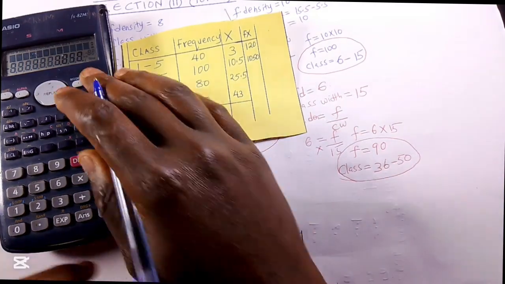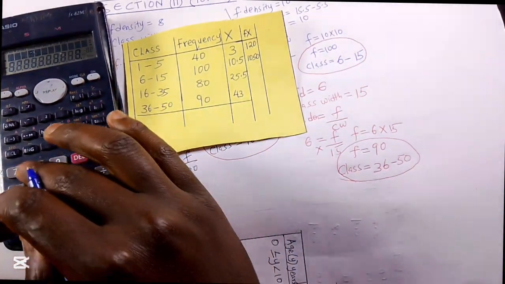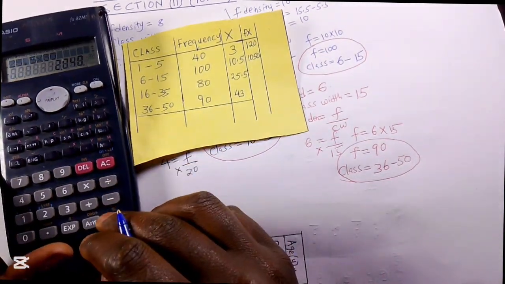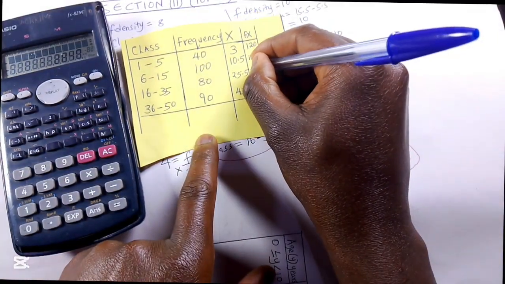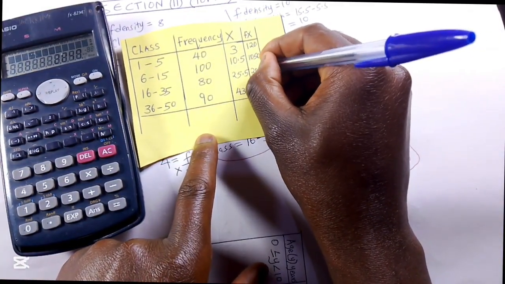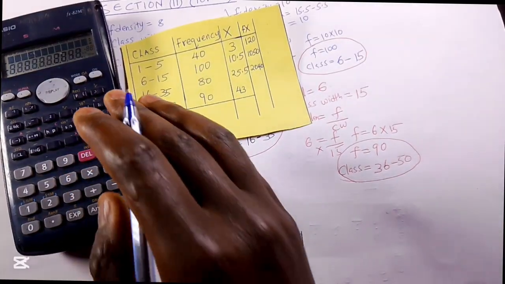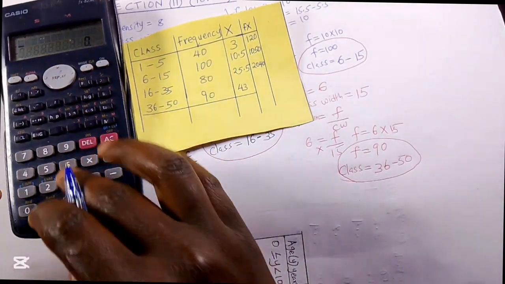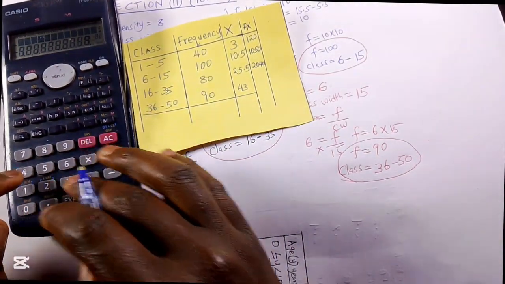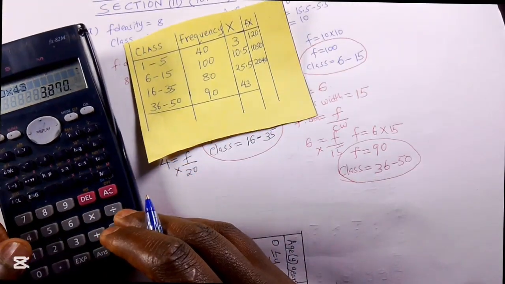Then we have 25.5 times 80, that is equal to 2040. Then we have 90 times 43 is equal to 3870.